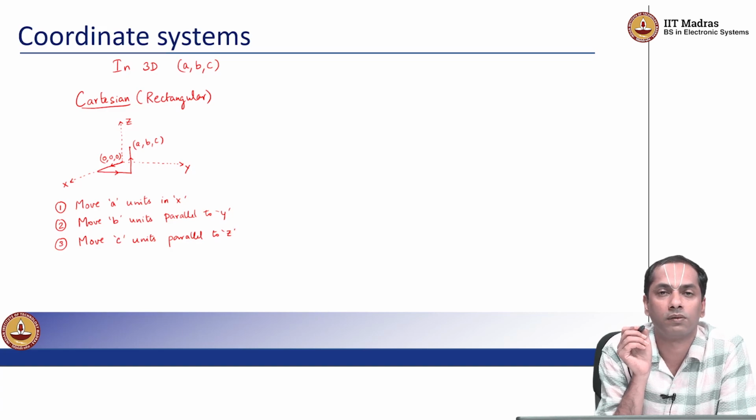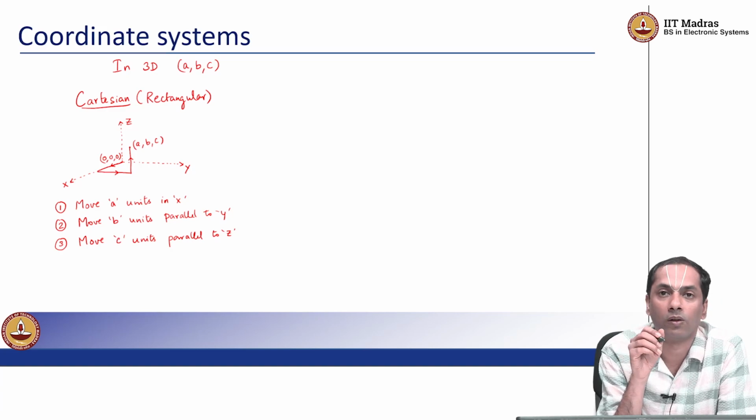So you can think of the Cartesian coordinate system as essentially giving instructions to walk in straight lines, right? And that I start from the origin and I essentially execute 3 instructions, right?